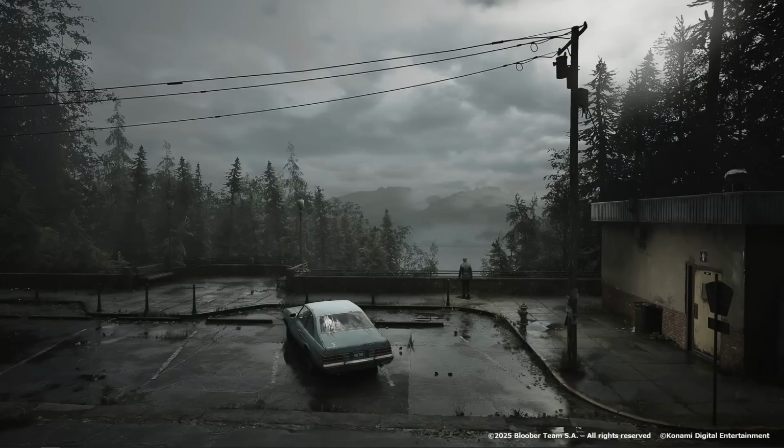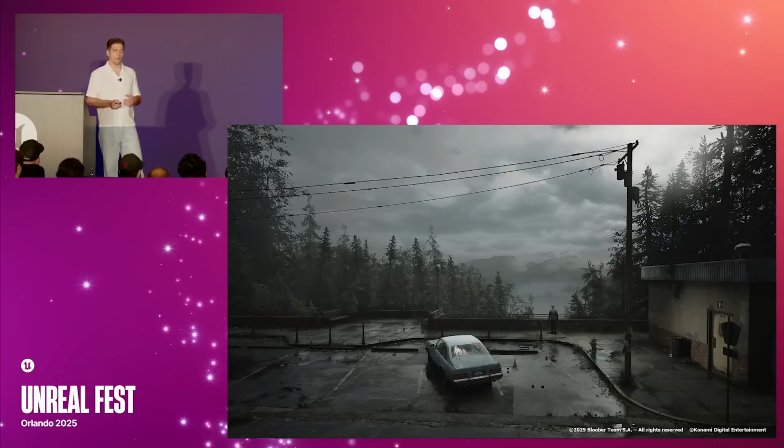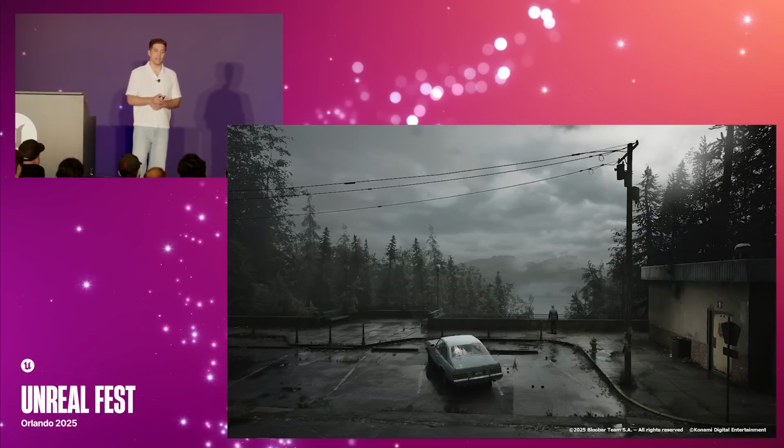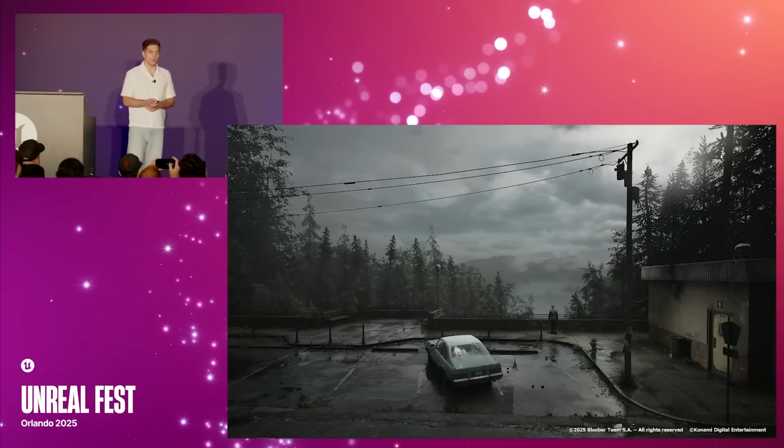I'll just explain to those who have not played it what Silent Hill 2 is about. The original was released in 2001, and since then has been recognized as a cult classic of the psychological horror genre. Silent Hill 2 follows the story of James Sunderland, who travels down to the town of Silent Hill after receiving a letter from his deceased wife, Mary. There he discovers that there is something wrong with the town.